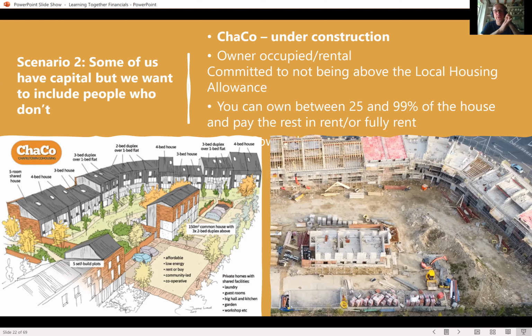So I will go on to talk about loan stock in a minute, but I can do it now. Loan stock is an unsecured investment. It's a way of asking people for support to invest in a housing co-op.